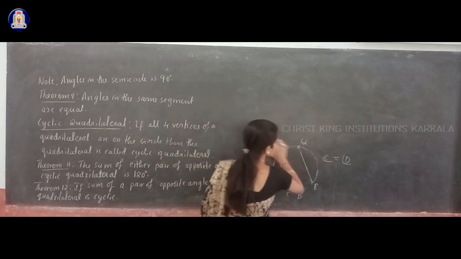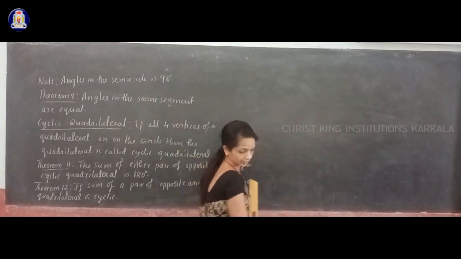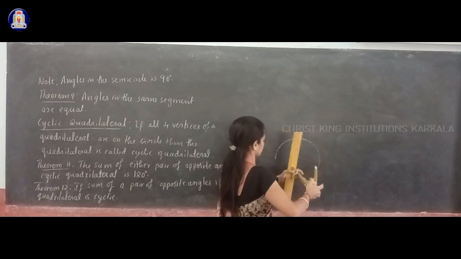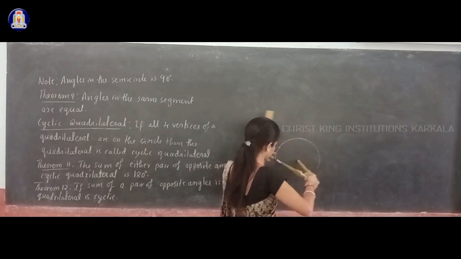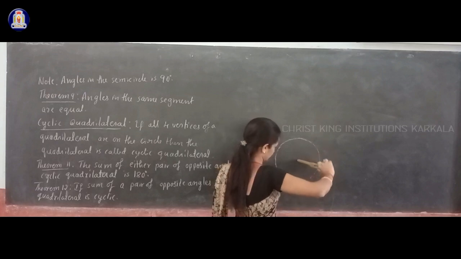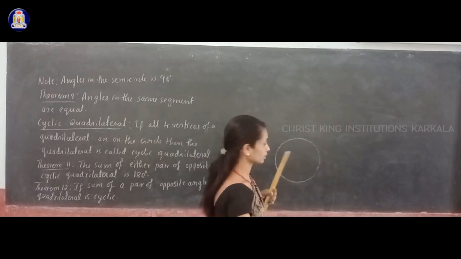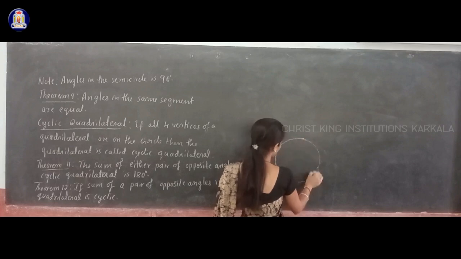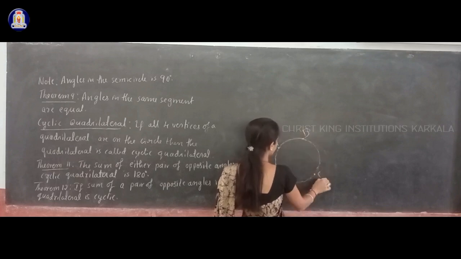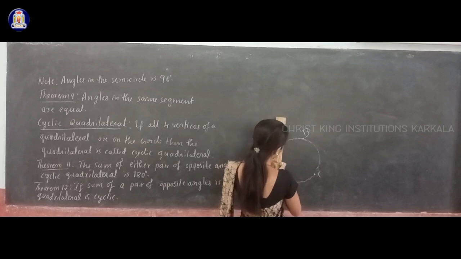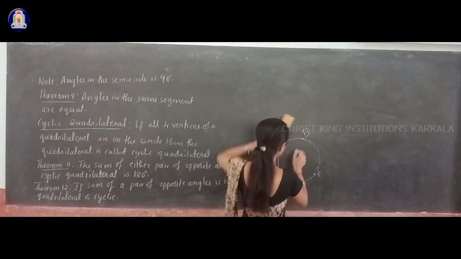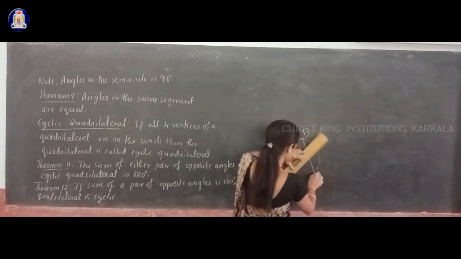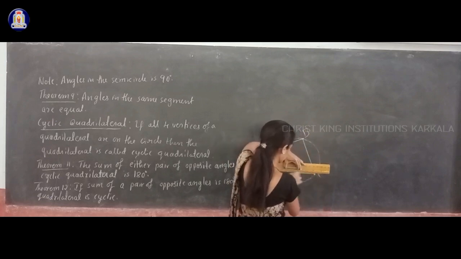Suppose you draw a circle and take 4 non-collinear points A, B, C, D, and join AB, BC, CD and DA.